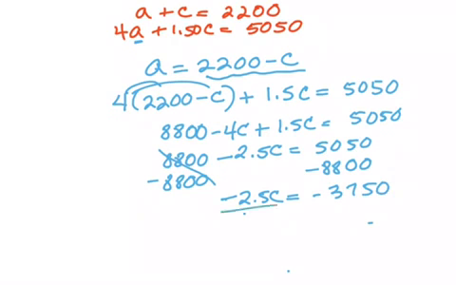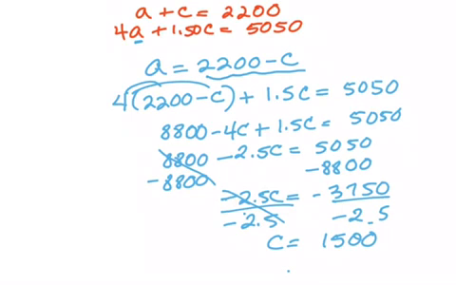I divide by negative 2.5, and I come up with C is going to equal 1,500. Now what does that mean? That means that the number of children is going to be 1,500.